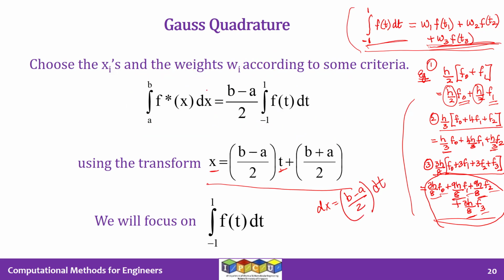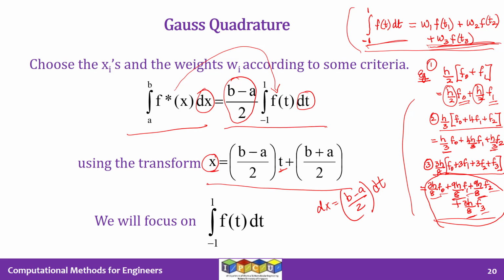Now this is where dx becomes (b minus a)/2 dt. And we must convert f star of x into f of t by using this. So in your original function, wherever you see x, you should replace it by (b minus a)/2 times t plus (b minus a)/2. When you do that, this problem becomes this problem.